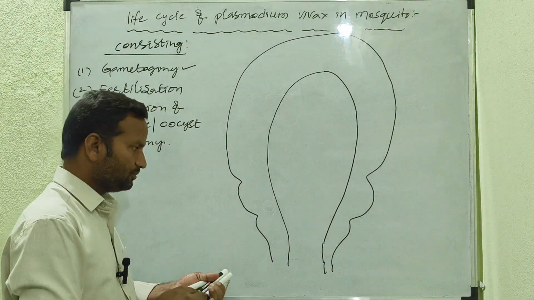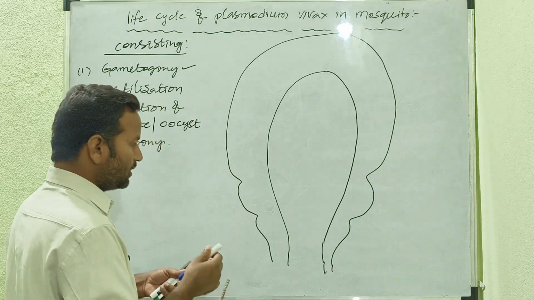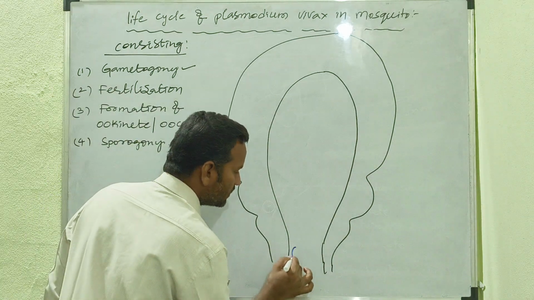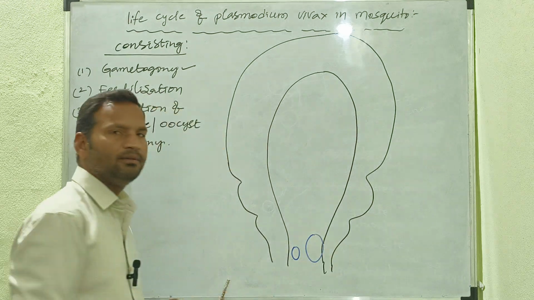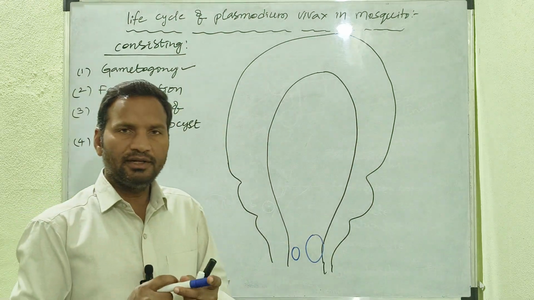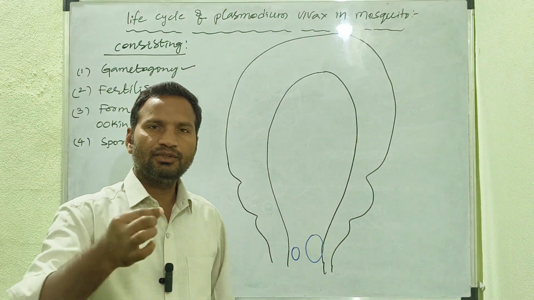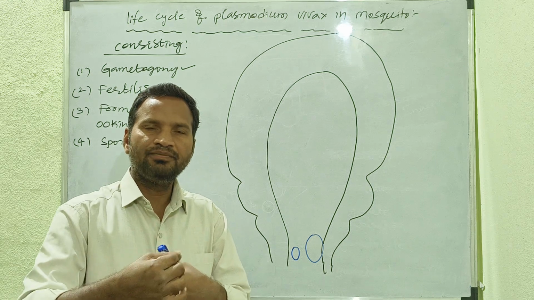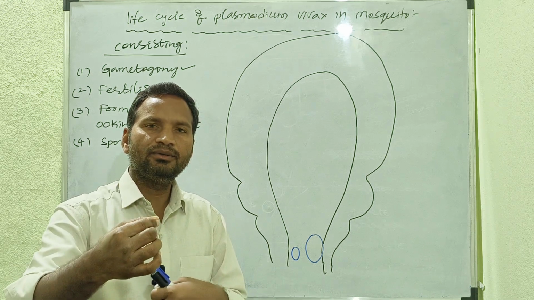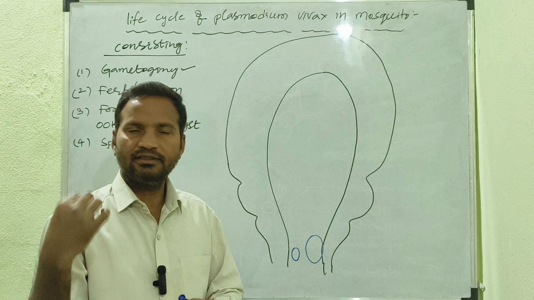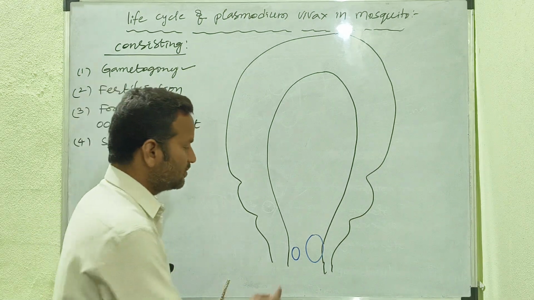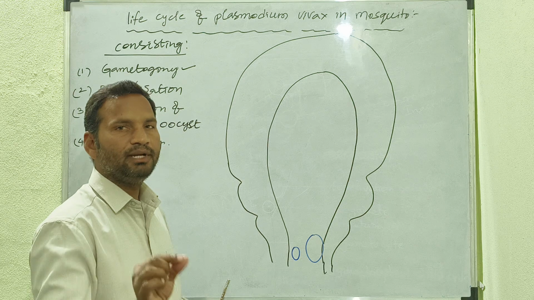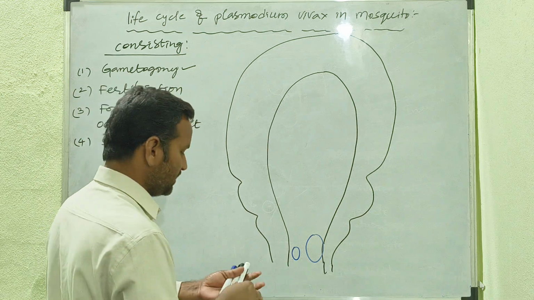You know very well what this is: the male gametocyte, and this is the female gametocyte. As I already told, whenever the mosquito bites the malaria patient, the male and female gametocytes along with other stages enter into the crop of the mosquito.